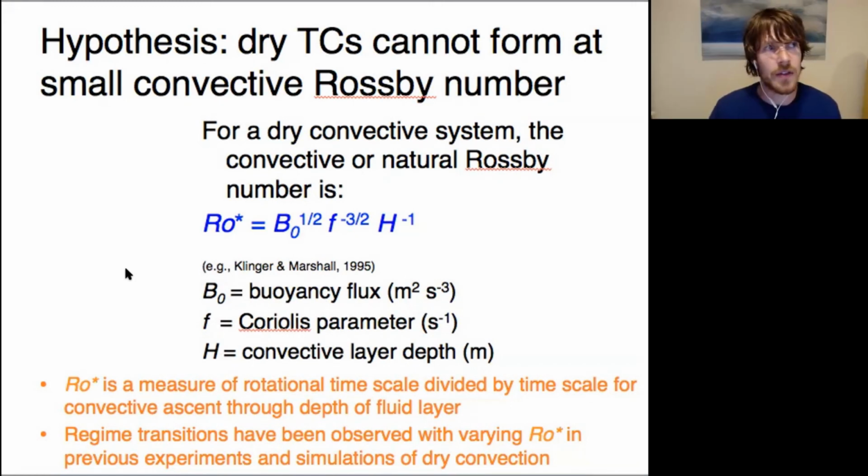The issue is that the surface boundary condition over deserts is not close to what we've simulated. It's not a fixed temperature condition. It's a low heat capacity surface that can heat or cool rapidly. These cyclones take multiple rotational periods to form.